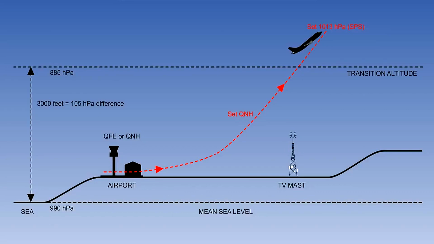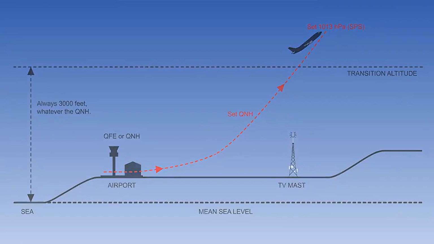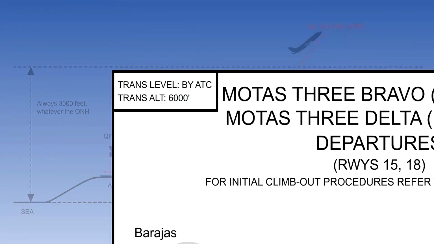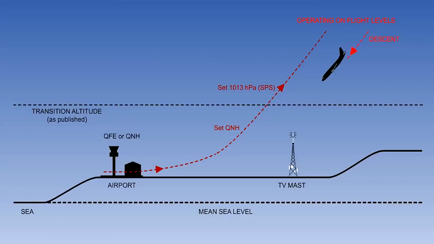If the QNH is, say, 1013, then a transition altitude of 3,000 feet will correspond to a barometric pressure of 908 hectopascals. This is a change of pressure of 105 hectopascals. However, if the surface pressure changes and QNH is now 990 and the subscale setting is set correspondingly, then the altimeter will sense 3,000 feet at a pressure of 885 hectopascals.